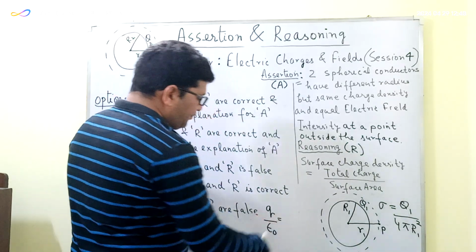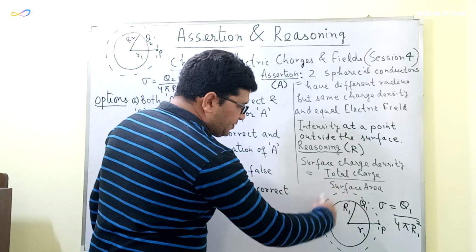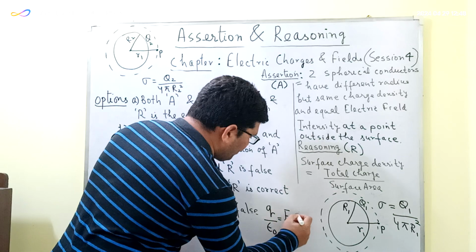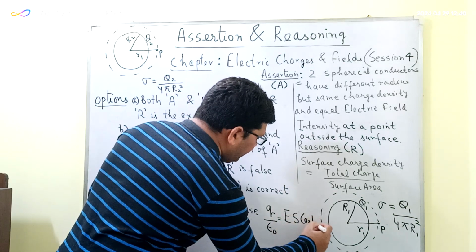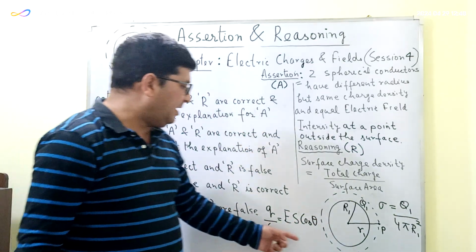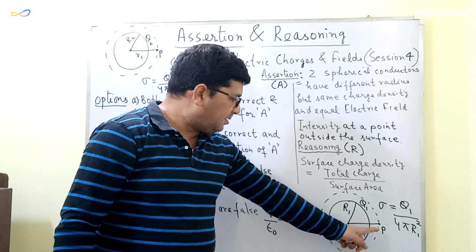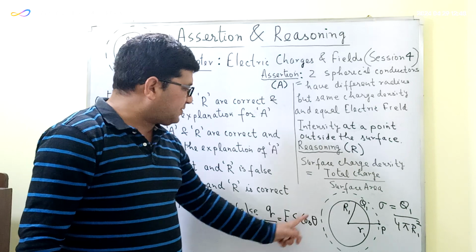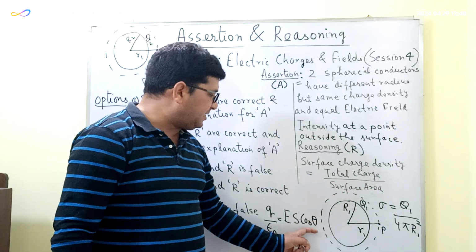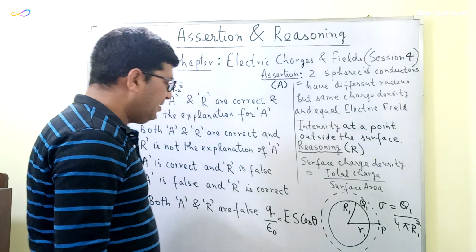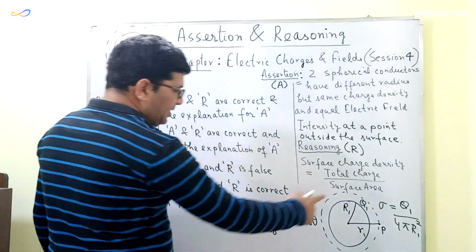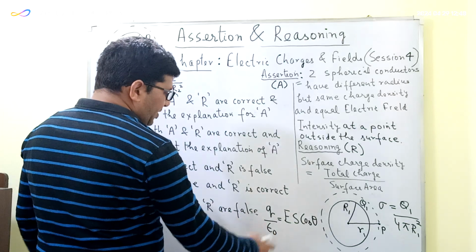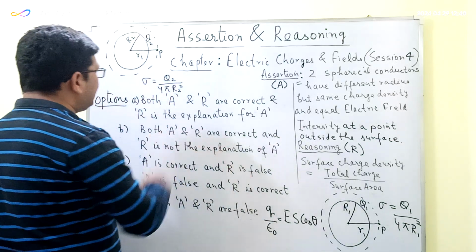The flux through a closed surface is also given by the formula E S cos theta, where E is the intensity of the electric field at a point on the Gaussian surface, S is the surface area of the Gaussian surface, and theta is the angle between the direction of the electric field and the normal to the Gaussian surface. So I will be using this formula to find the value of E in both the cases.